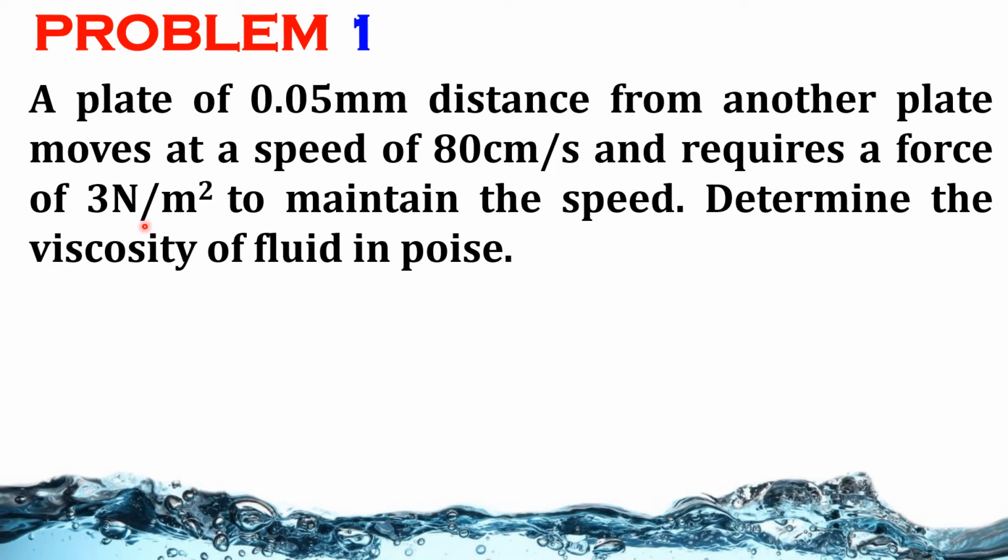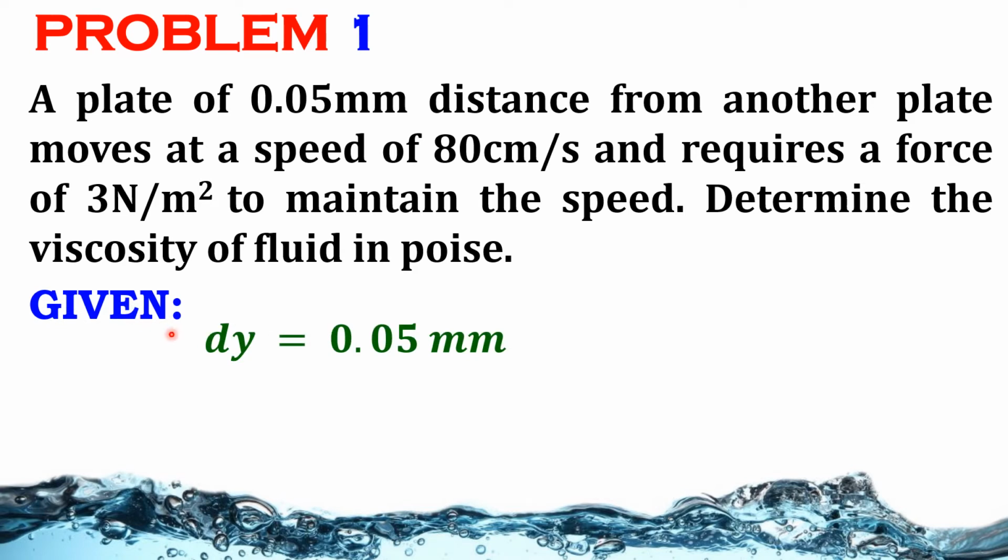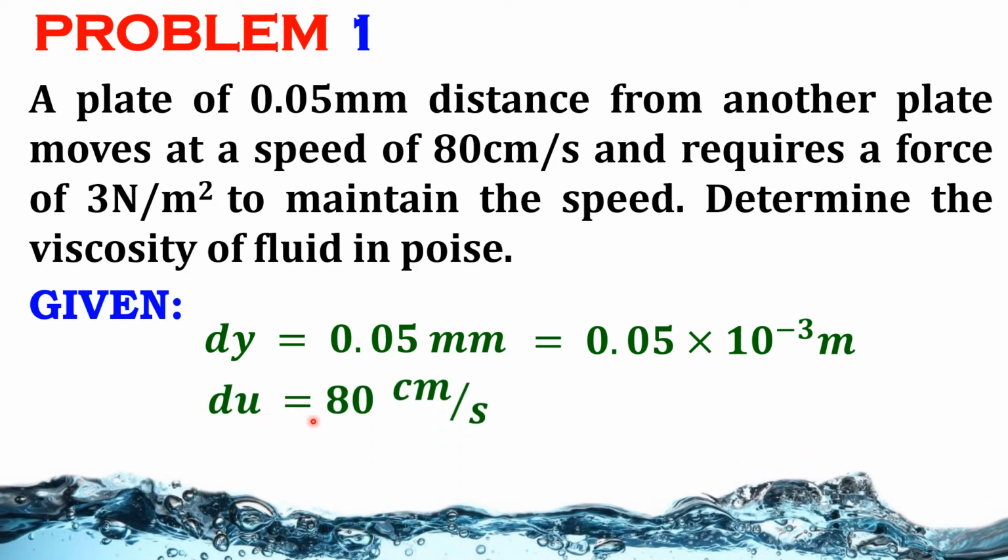Okay. Next, given data. The distance between the two plates dy is equal to 0.05 mm. In order to convert into meter, divide by 1000. So it will be 0.05 into 10 to the power minus 3 meter. Next, change in velocity du is equal to 80 centimeter per second. To convert into meter per second, divide by 100.